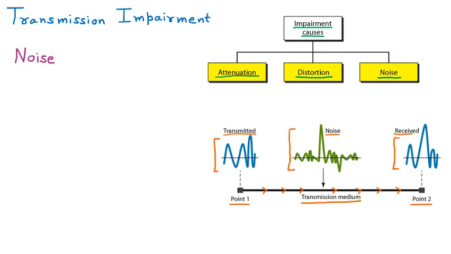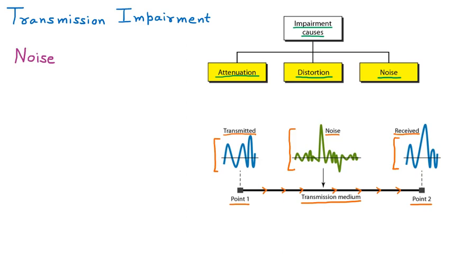So transmitted signal and received signal will be different because of the noise in between. Let us suppose if I am talking to somebody and somebody else is also giving their own volume in between, the receiver will not hear my actual sound. It will receive some different sound. So that is called the noise.